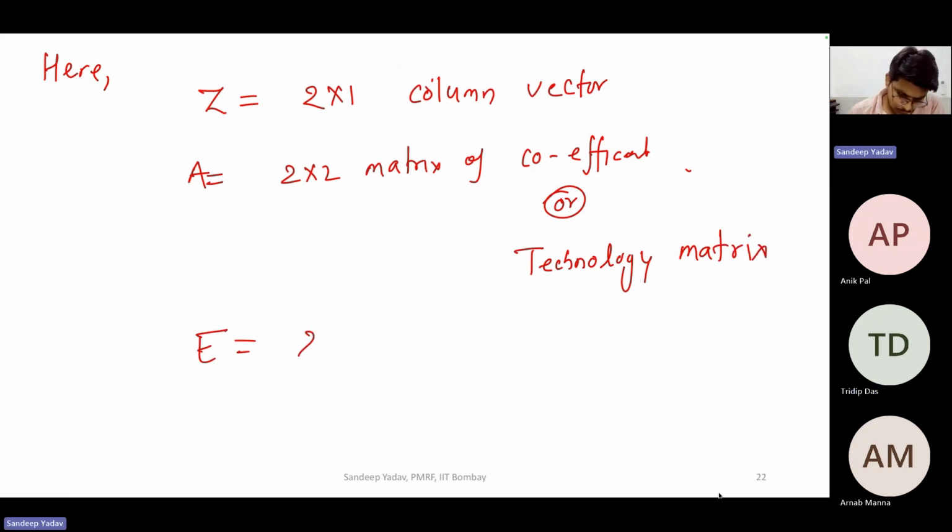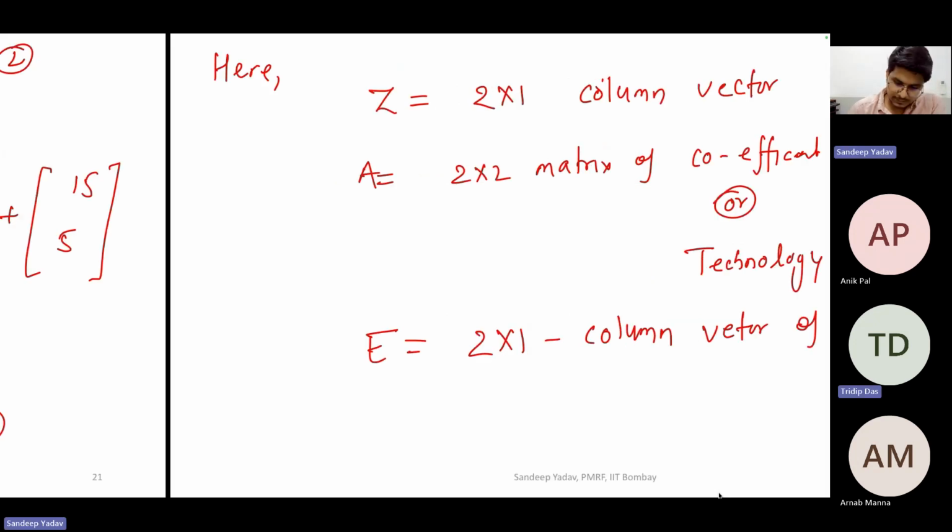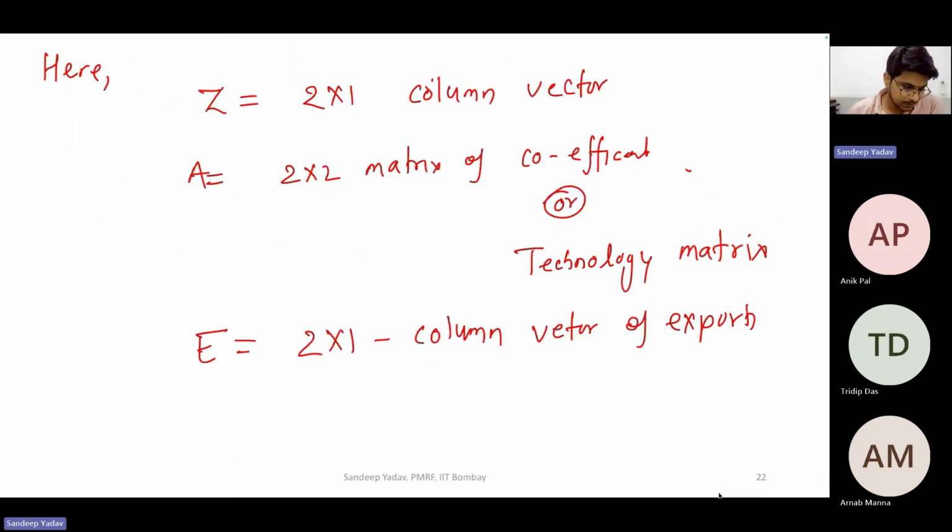Similarly, E here is a 2 into 1 column vector. We have taken it as E because E means exports.